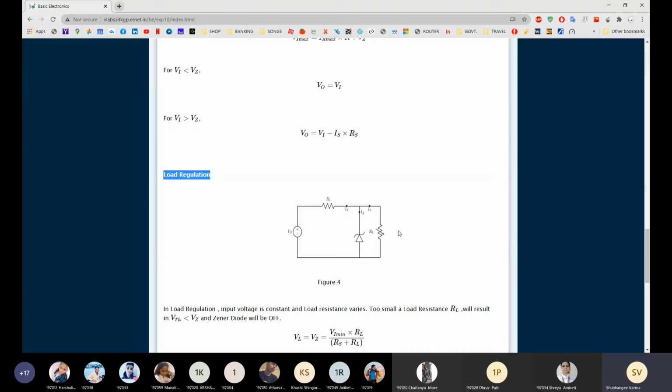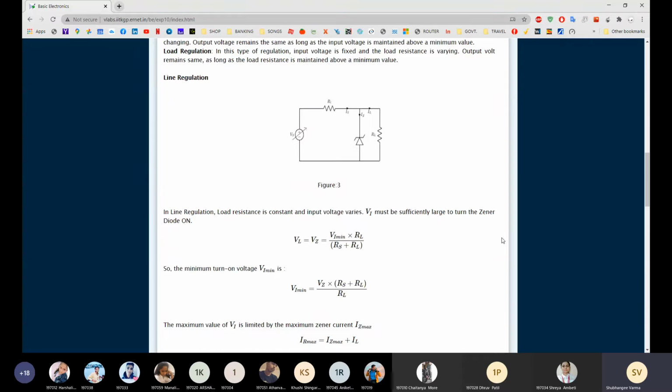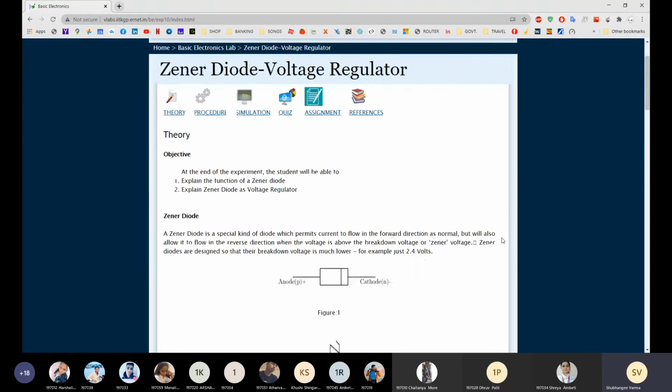Ideally both should be zero, but practically we cannot get zero because there are tolerances in the resistor and Zener values. We do not have an ideal resistor or an ideal Zener diode, and hence practically we get a very small value of load and line regulation.